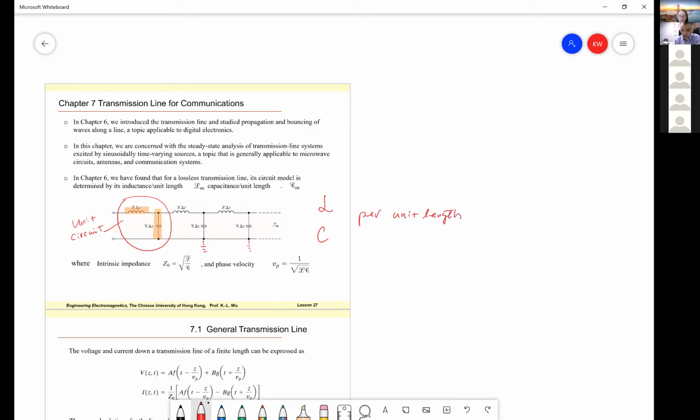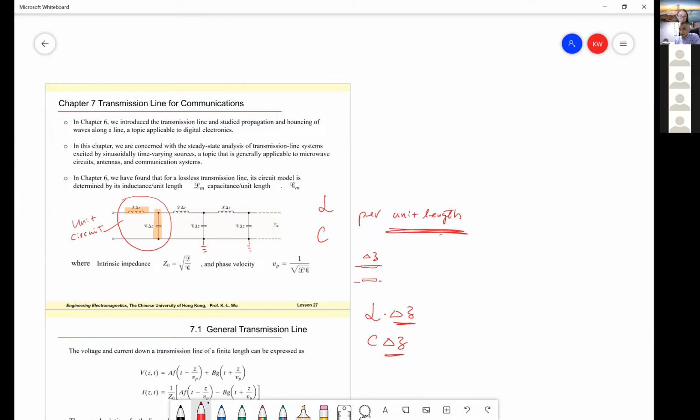So if you're talking about a very short transmission line with length dz, the total capacitance will be the unit capacitance times the length, right? Because it is per unit length, we must multiply by the length.